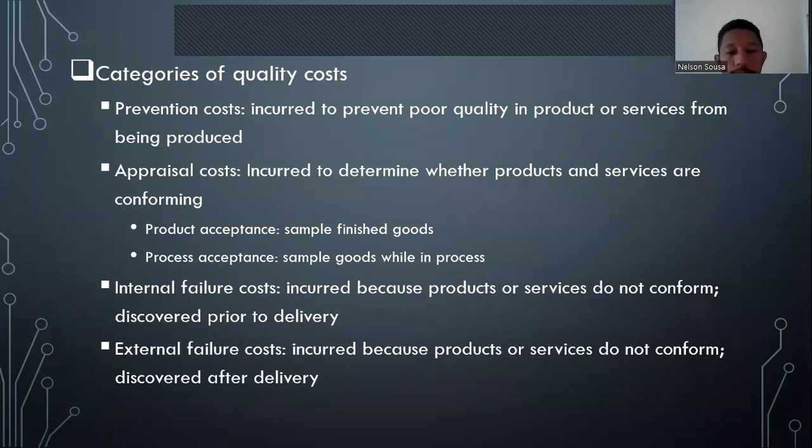The third one is internal failure cost. It is incurred because products or services do not conform, discovered prior to delivery. And the last one is external failure cost. It's incurred because products or services do not conform, discovered after the delivery.